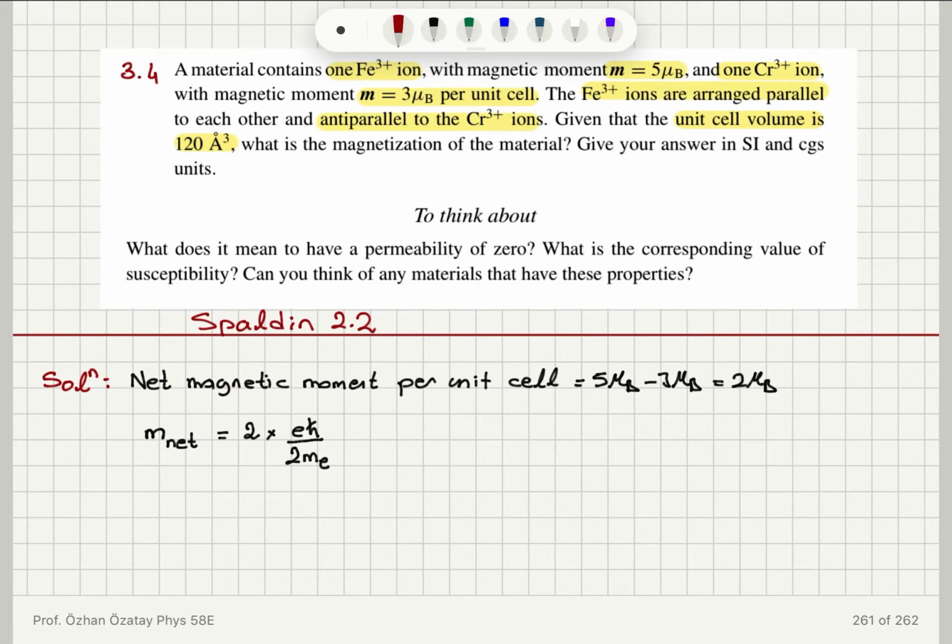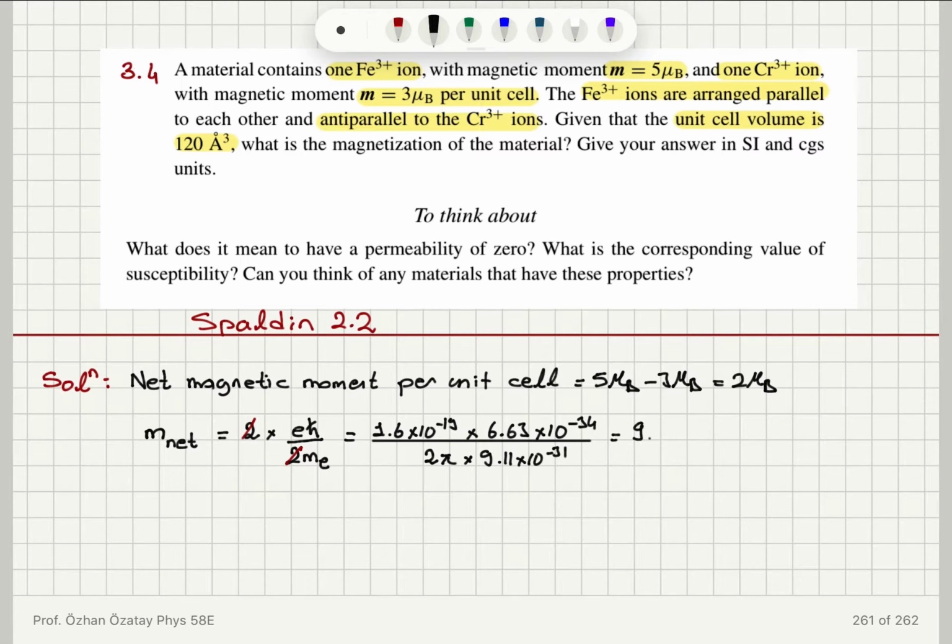So these 2's will cancel and we will find 1.6 times 10 to the minus 19 coulombs times 6.63 times 10 to the minus 34 joule seconds, that's Planck's constant, divided by 2 pi, over 2 pi times the rest mass of the electron, 9.11 times 10 to the minus 31 kilograms.